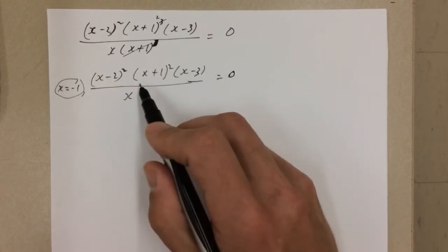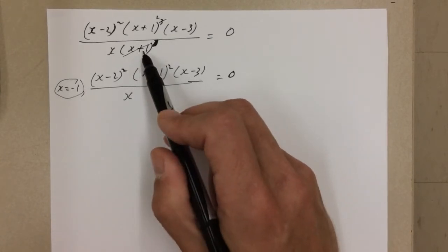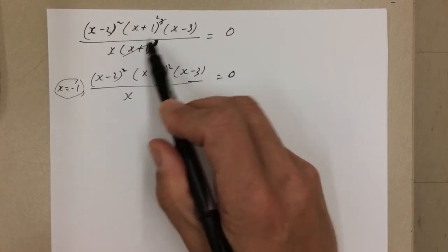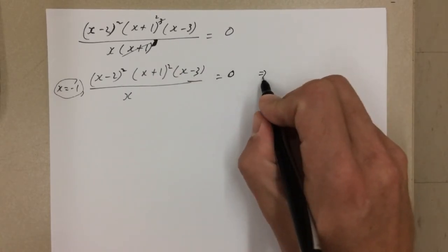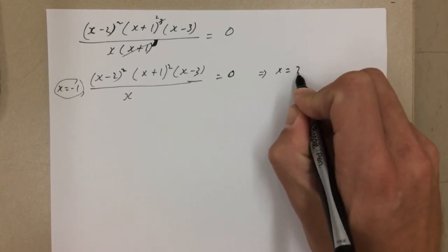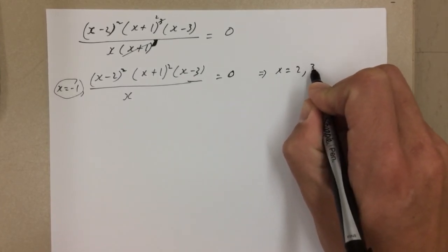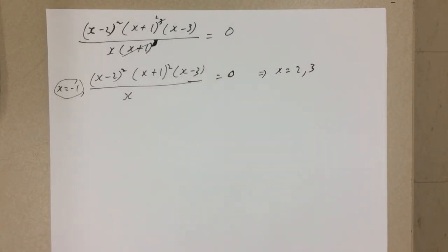For the solution set, you can't include negative 1, because otherwise in the original you would have got a hole in the graph. So x equals 2 and 3 are solutions and not negative 1. That's it for solving rational equations.